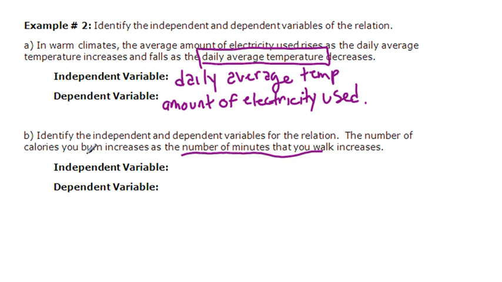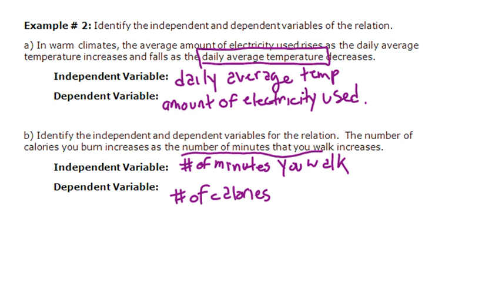So the amount of calories you burn depends on how long you walk. So the independent variable would be the number of minutes you walk. The dependent variable would be the number of calories you burn.